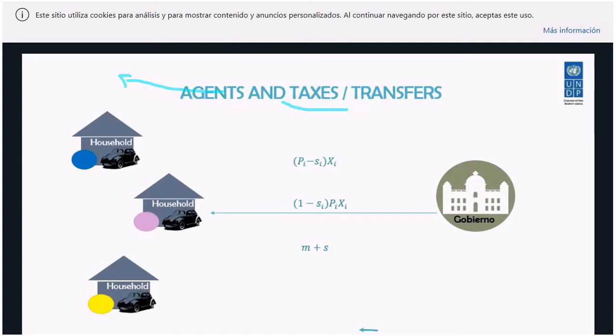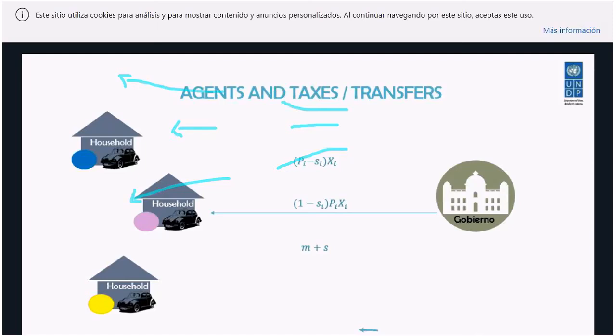So for instance, and sorry for using these identities, these are just written for you to review later with more time. These are very, very simple equations, just to represent the main message, which is that the government wants to transfer.